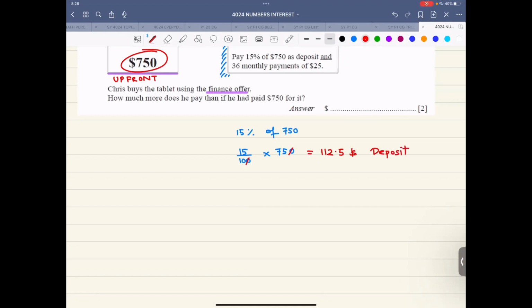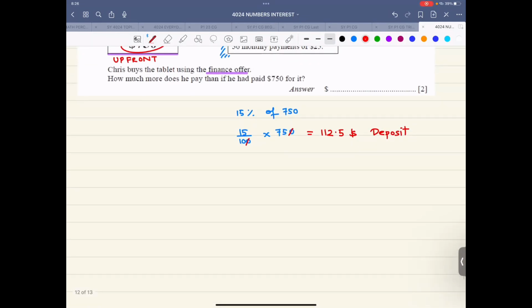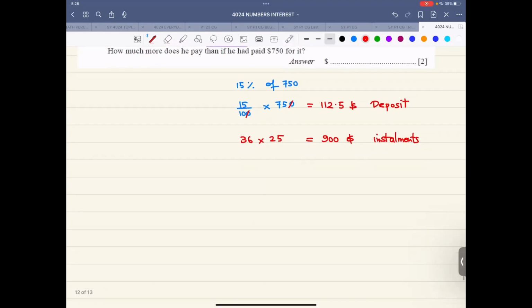And then 36 monthly payments of 25. So 36 times 25 is $900. This is in installments. If I add these two, what do I get? 900 plus 112.5 comes out to be $1,012.50.